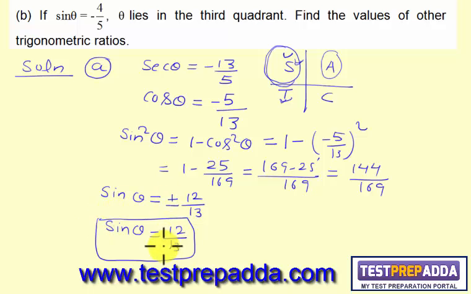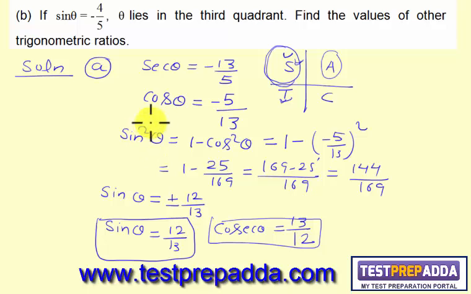A very important point: sine theta is plus 12 by 13 because theta lies in the second quadrant. And if sine theta is 12 by 13, cosec theta will become 13 by 12, reciprocal of sine.